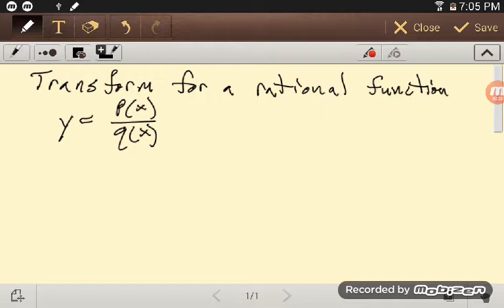Okay, and so get the idea here with maybe just a couple of quadratics.